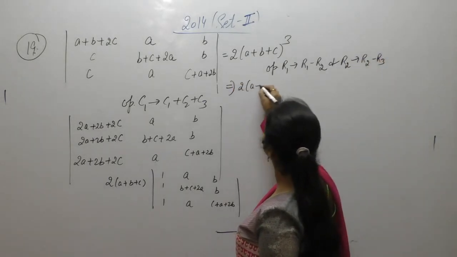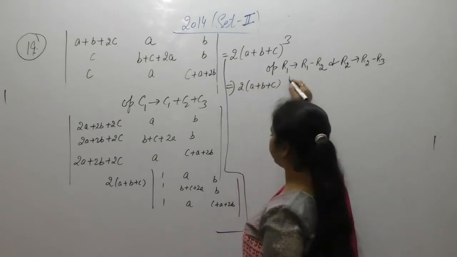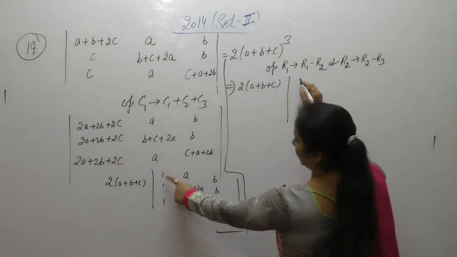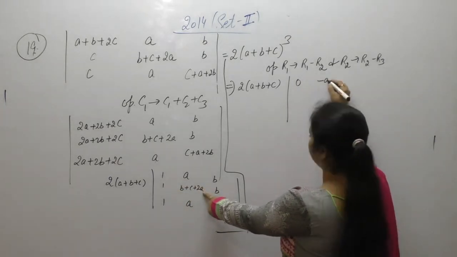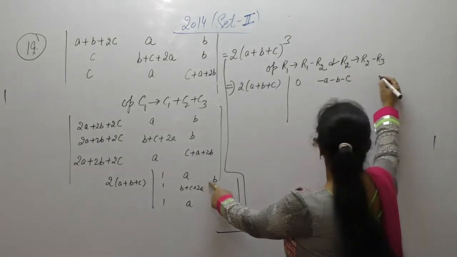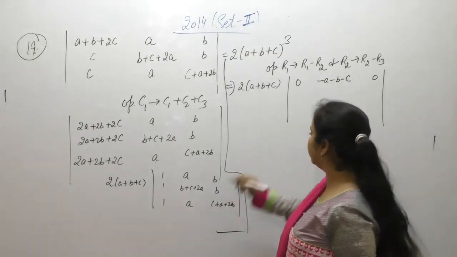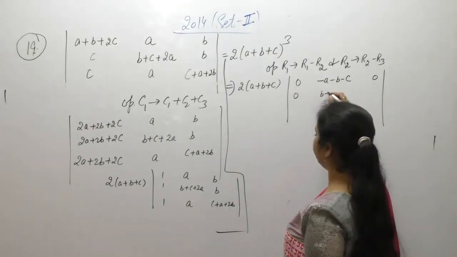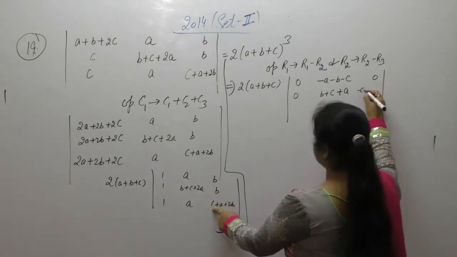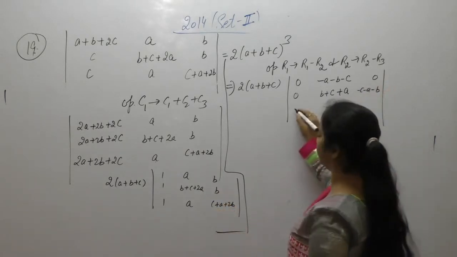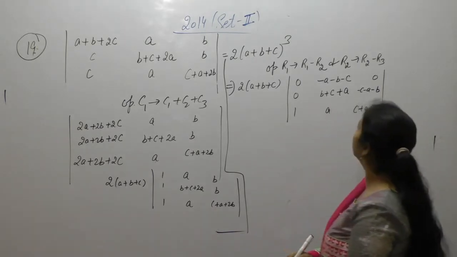So 2a plus b plus c. R1 minus R2: a minus 2a minus a minus b minus c and b minus b. R2 minus R3: 1 minus 1, b plus c, 2a minus a, b minus c minus a minus 2b, 1, a, c plus a plus 2b.